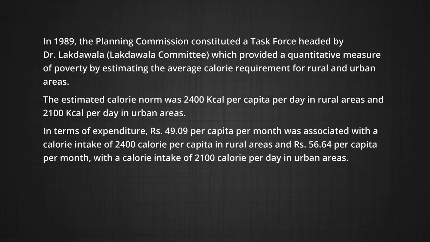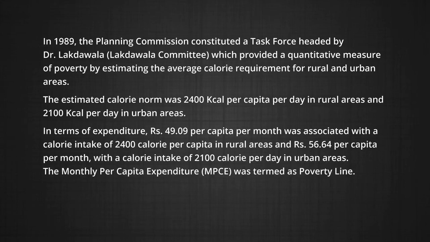In terms of expenditure, rupees 49.09 per capita per month was associated with a calorie intake of 2400 per capita in rural area and rupees 56.64 per capita per month with a calorie intake of 2100 per day in urban area. The monthly per capita expenditure, popularly known as MPCE, was termed as poverty line.